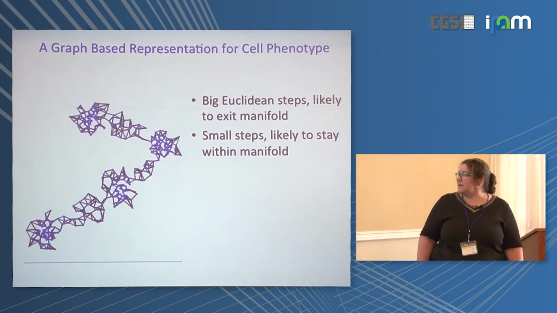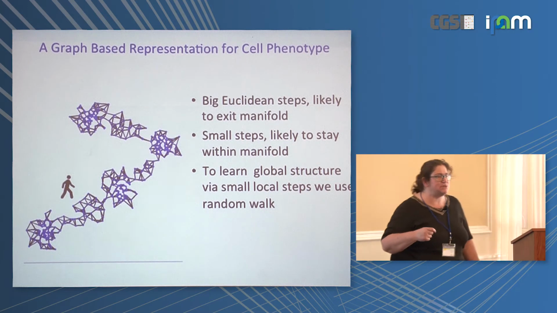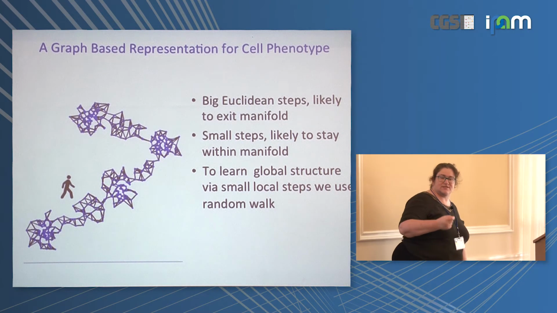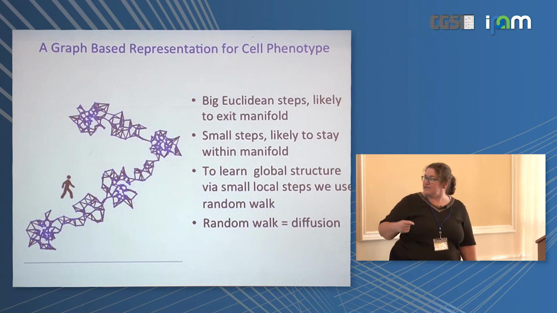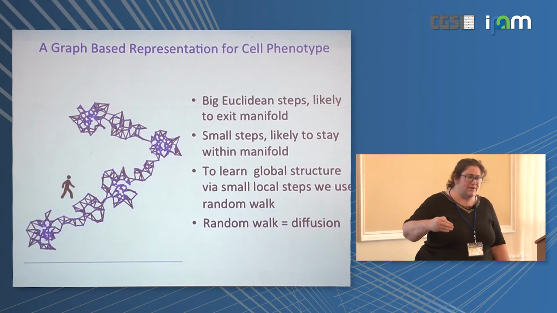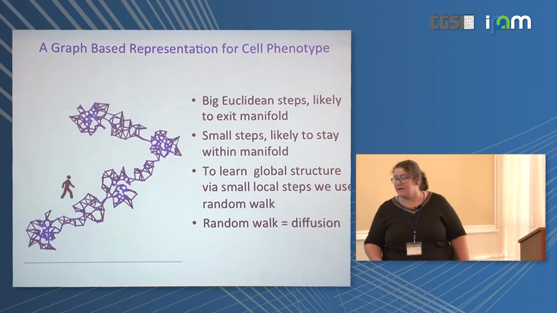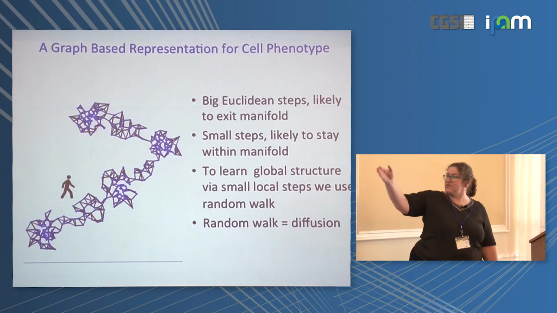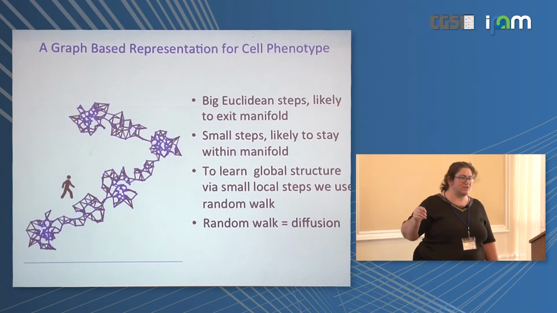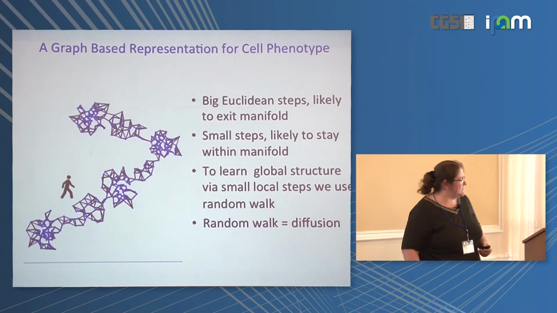If I actually take small steps within this manifold, if I take a small step between very similar cells and progress from one very similar cell to another, I remain within the manifold and actually can create a new distance metric. And here, a random walk through this graph between very similar cells, if I want to now get to farther cells, is actually equivalent to diffusion.